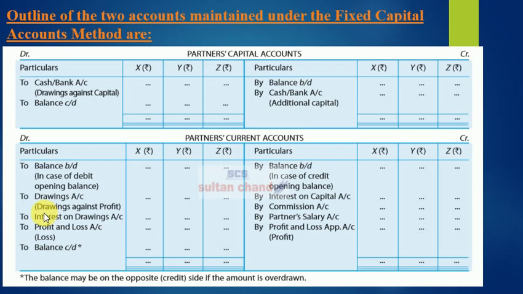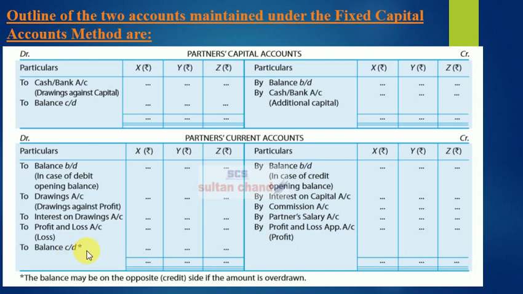So any drawings reduces the capital of the partner, and this will come on the debit side of partner's current account. Then any interest charged on drawings will also come on the debit side, and if there was a net divisible loss, this will also be posted on the debit side of partner's current account. And finally the balancing will be done, and this will be the closing balance of partner's current account.